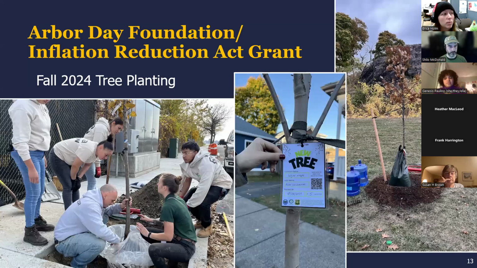So we planted 32 trees across wards 1, 3, 4, maybe one in 5 and 6. And we hope to plant even more in the spring. The fall planting season extended from October 22nd to November 7th, which is very tight. That's really good. We did a great job.